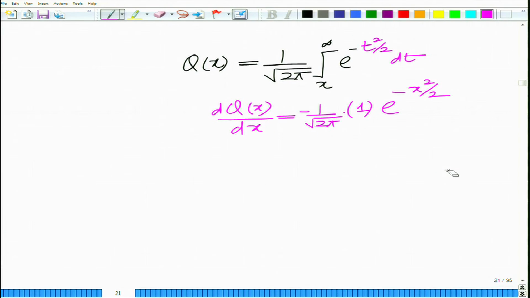So, the derivative of Q of x is minus 1 over square root of 2 pi e raised to minus x square over 2.